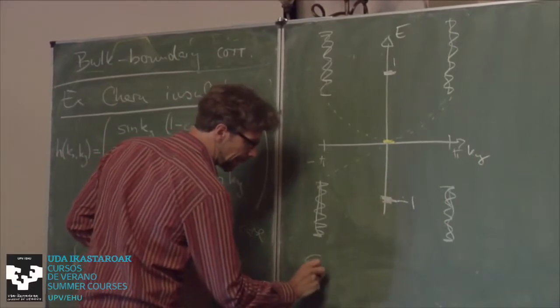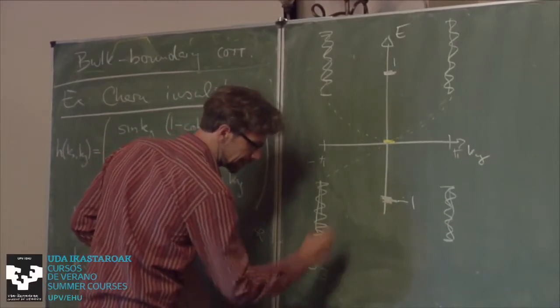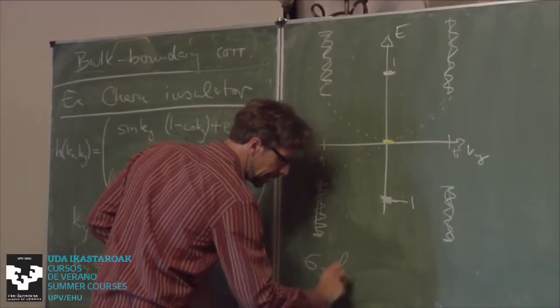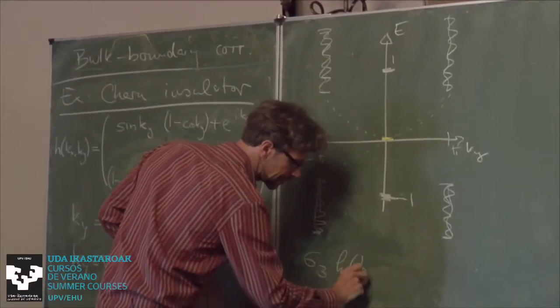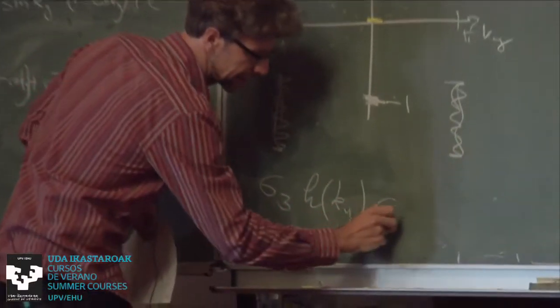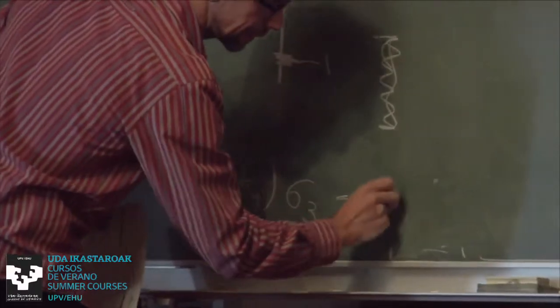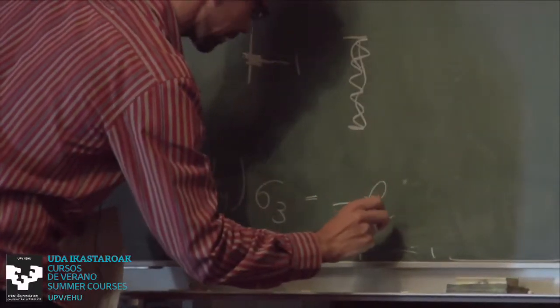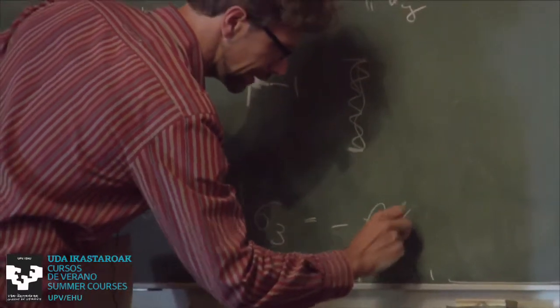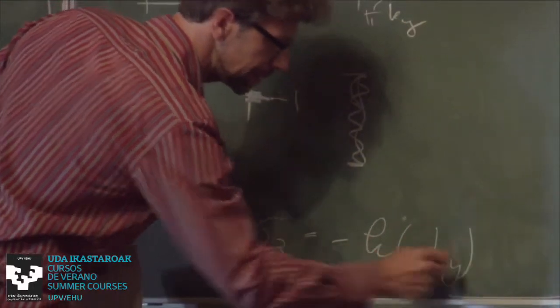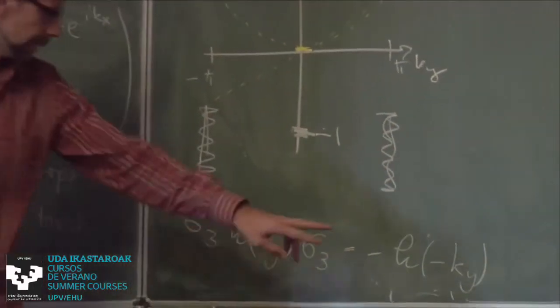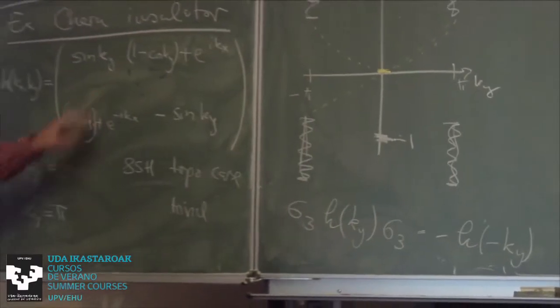And that the second case is realized, you can simply see by using our chiral symmetry. So remember, sigma 3 was the chiral symmetry. And now we have h of ky, and it turns out that this chiral symmetry not only maps h to minus h, but also in this case it maps h of ky to h of minus ky. You can just quickly check that.